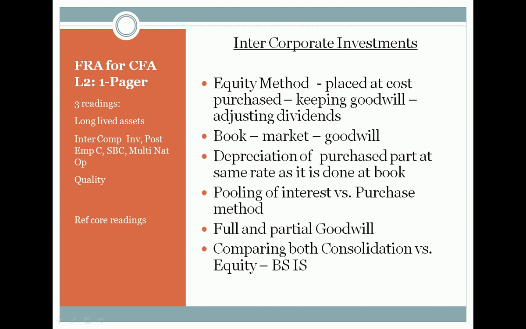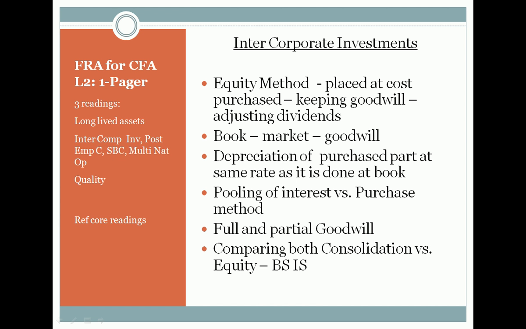Now there are a few trickier things here which you have to understand. Even if you buy something that is 100 in book and you bought it for 1000, ten times higher, the depreciation of your purchased part should go at the same rate at which the depreciation of that 100 goes on in the other book.